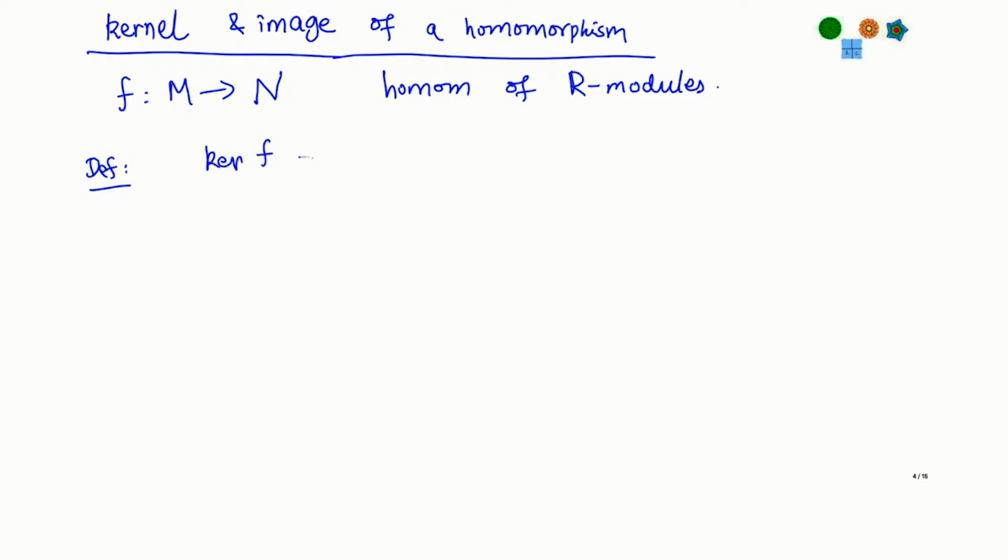The kernel of this map is all elements which map to 0.